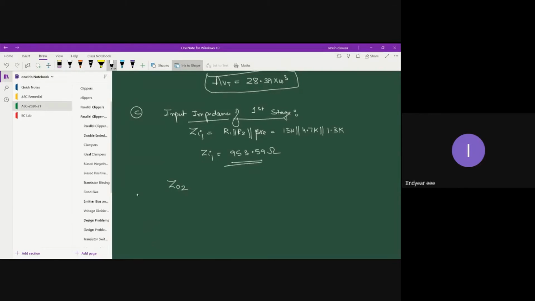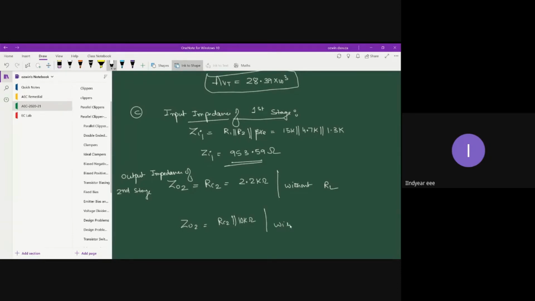And then the output impedance of the second stage, Zo2. So Zo2 is equal to RC2, which is 2.2 kilo ohm. Okay, this is without RL. Next, Zo2 is equal to RC2 parallel with 10 kilo ohm.